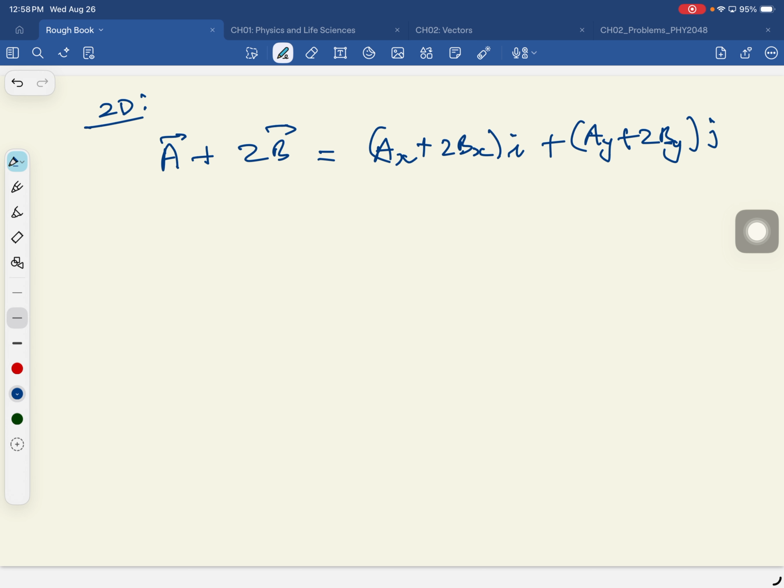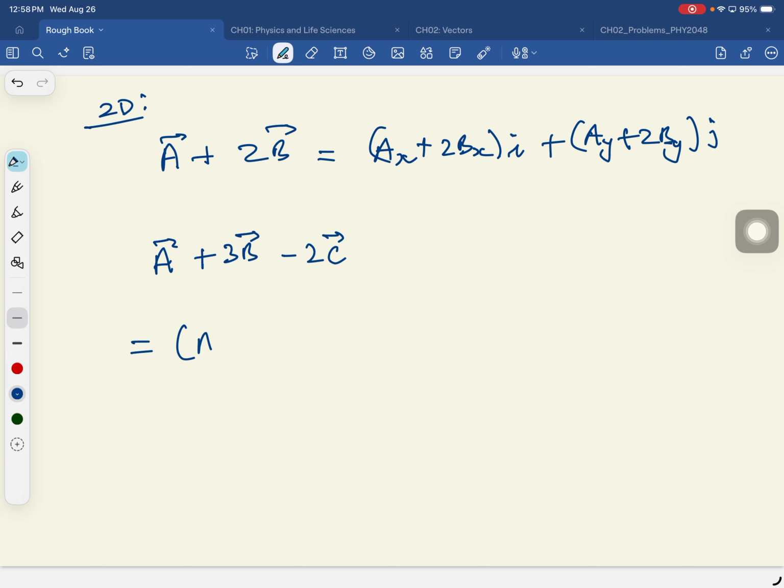So let's say we want to add 3 vectors. So A plus 3B minus 2C. Okay, we are in 2 dimensions. Anybody want to help me out? What is the x component?